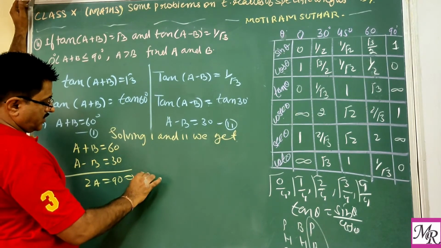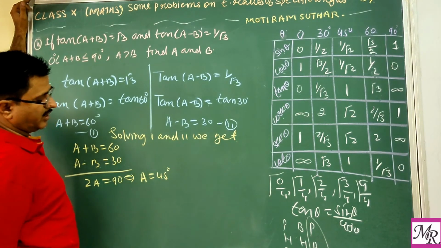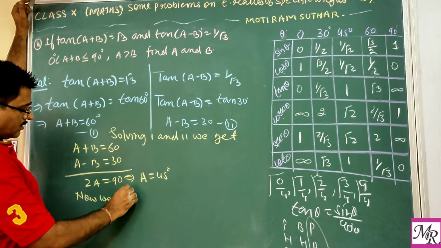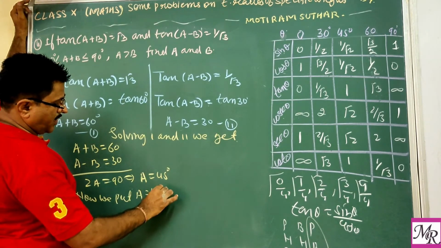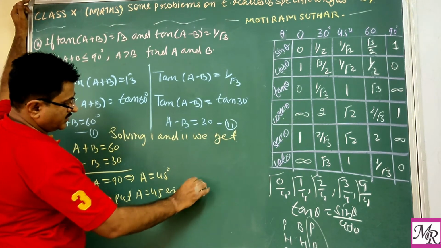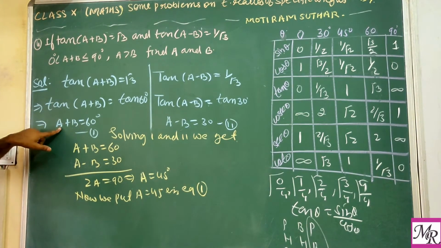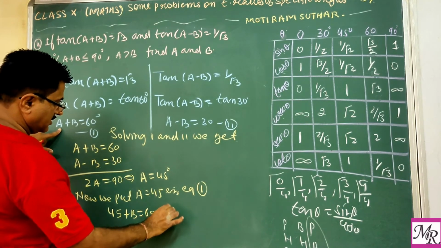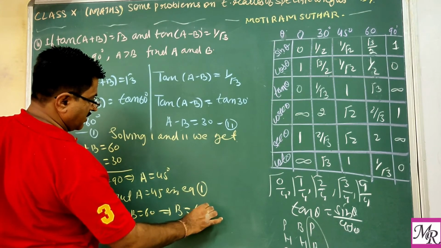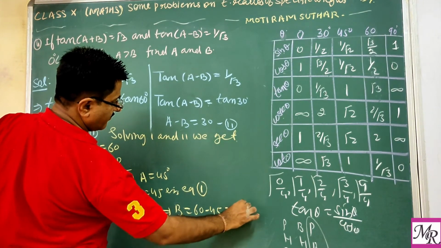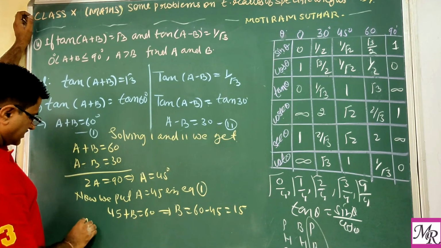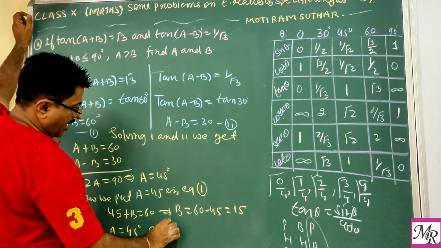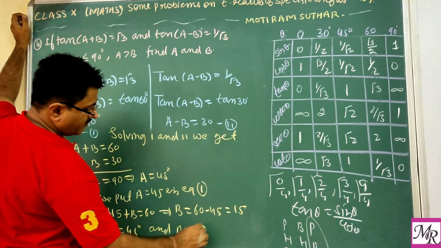So A equal to 45. Now we put A equal to 45 in the equation. If we put A equal to 45, then what do we get? 45 plus B equal to 60. So B equal to 60 minus 45, that is 15. Therefore the answer is A equal to 45 degree and B equal to 15 degree.